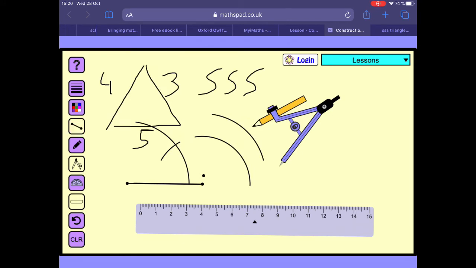So now I get my ruler, and from the end of my line to the point where the arcs cross, I join it, and then I get the ruler again, and from the other end of the line to the point where the lines cross, that's my perfectly constructed 4-5-3 SSS triangle. People, do not ever erase the construction lines, okay? No arcs, no marks. Remember that for the exam. No arcs, no marks.